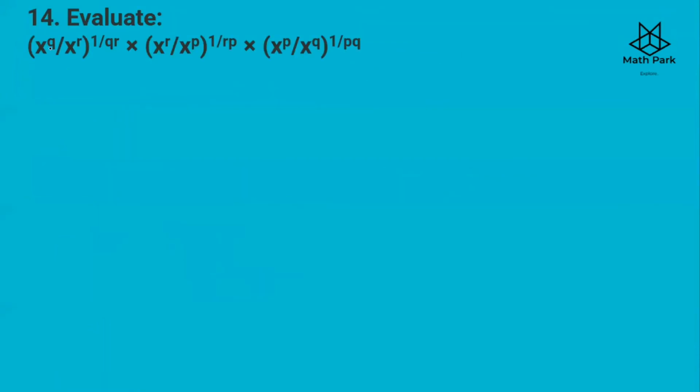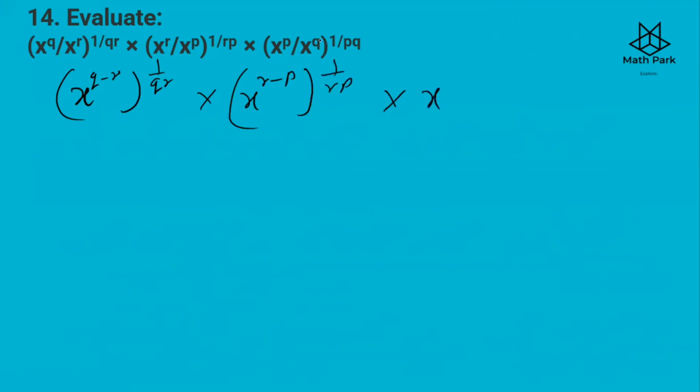Question number 14. Now a raised to m upon a raised to n is equal to a raised to m minus n. So we get this as x raised to q minus r raised to 1 upon qr. This you are getting as x raised to r minus p raised to 1 upon rp into x raised to p minus q raised to 1 upon pq.